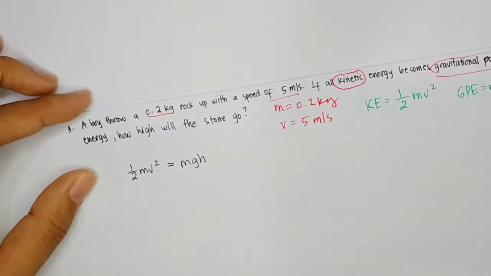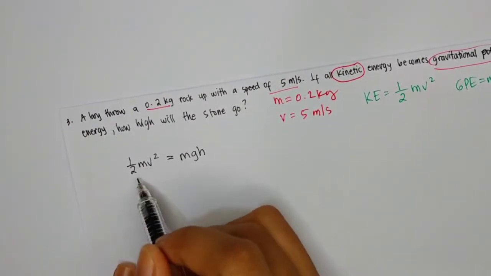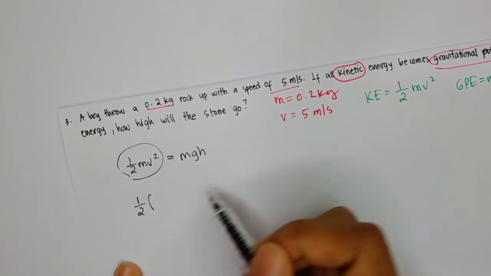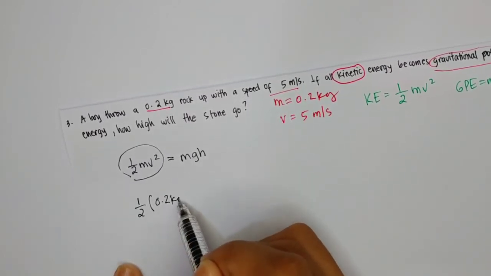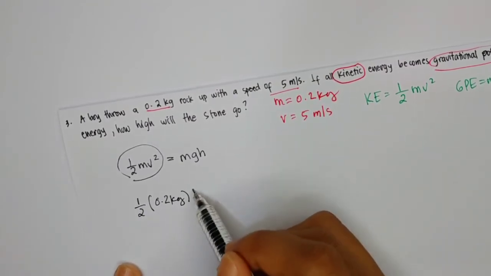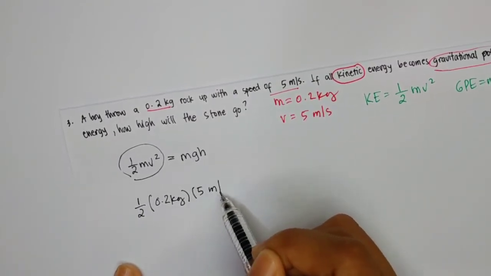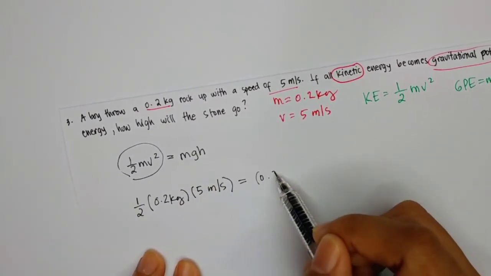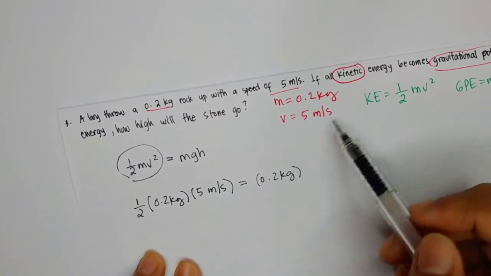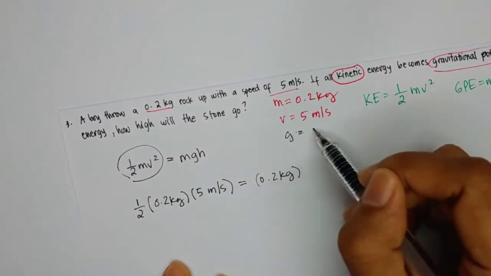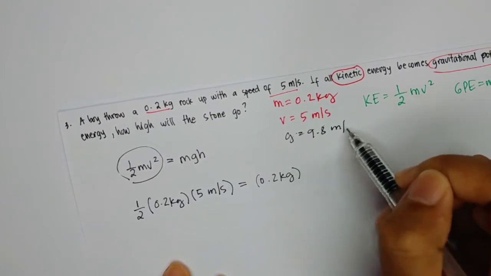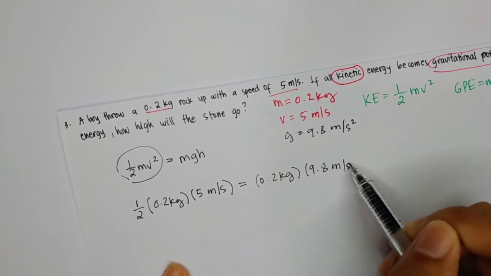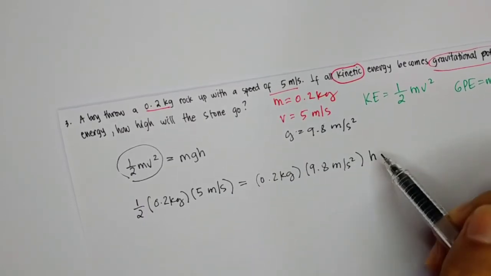So let's solve the kinetic energy first. That will be 1/2 times our mass, 0.2 kilogram, times our speed of 5 meters per second, squared, is equal to our mass, 0.2 kilogram, times our gravity, 9.8 meter per second squared, times our height.